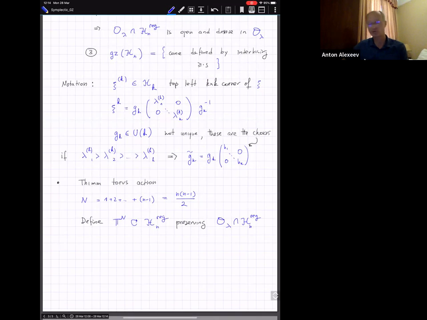For most coadjoint orbits, if all the eigenvalues lambda 1 to lambda n are distinct, this will be a torus action on an open dense subset. So that's already one element of what we want.